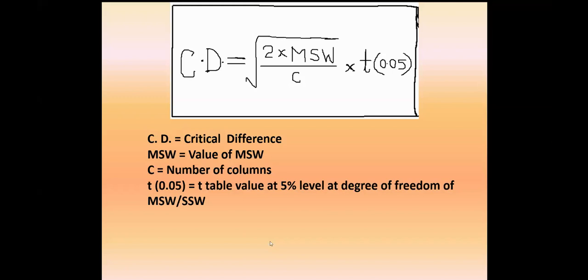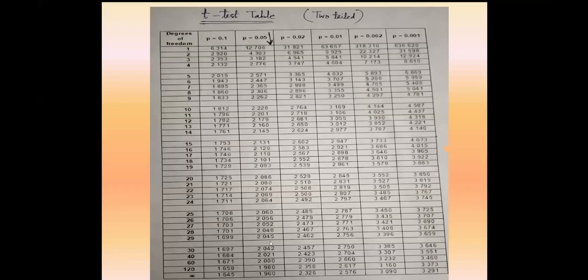So in the next case, you can see how this is being done. See, this is the t-table, and from this table we shall be able to get the specific value at 5% level. If degree of freedom is 10, then at 5% level that value is 2.228. So this 2.228 value will be taken.